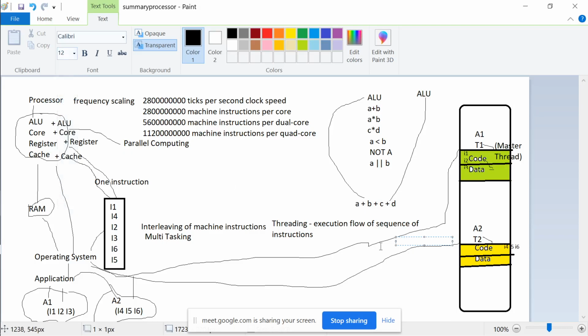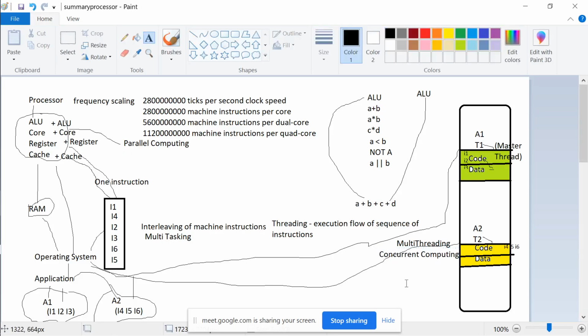So multi-threading also is not true parallel computing. Multi-threading is what we call concurrent computing. Concurrent computing means at the same time. So the operating system manages multi-threading. That is why multi-threading is possible.